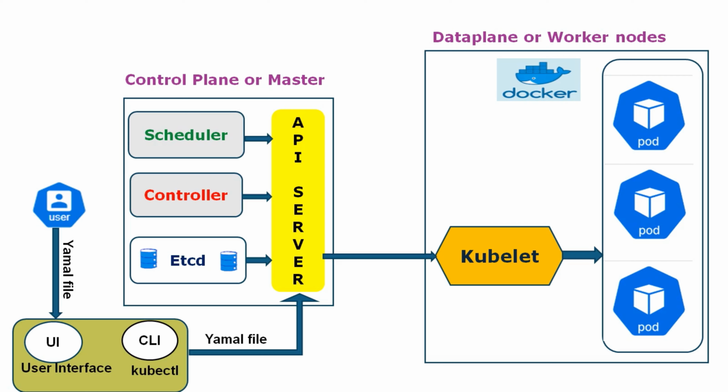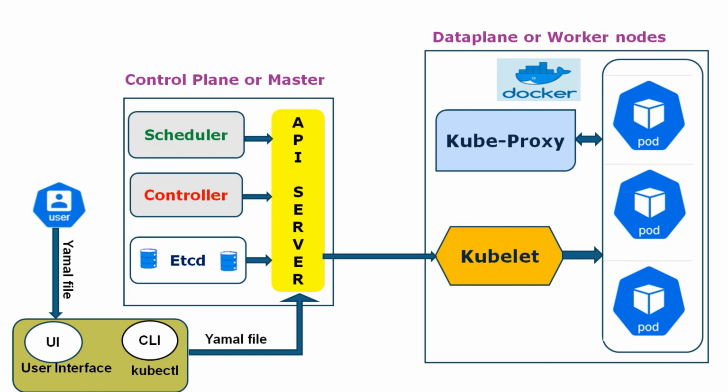Now, apart from this, on the data plane there is one more component running, which we call kubeproxy. Kubeproxy helps you with the networking part and accessing the containers, because as a user you don't have to worry about which server the container is running on, or which replica of your container is running.